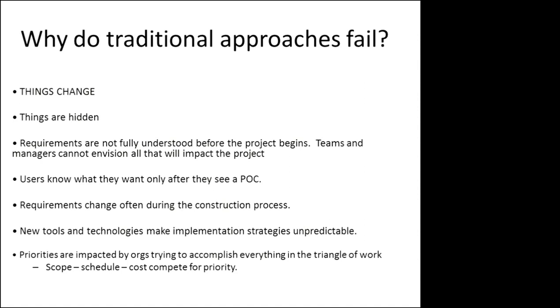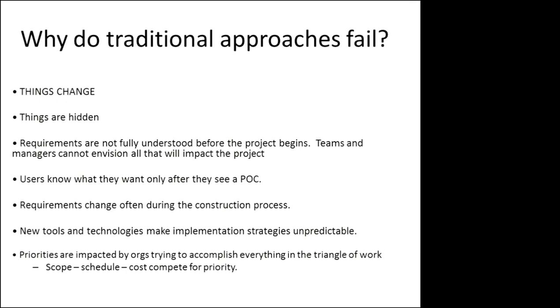Most distinctively, things change. Things change. Things are hidden. You don't see them. You're not aware of things. Requirements aren't always fully vetted out before you start your project. Users a lot of times don't know what they want. You have requirements that are going to change during the construction process.